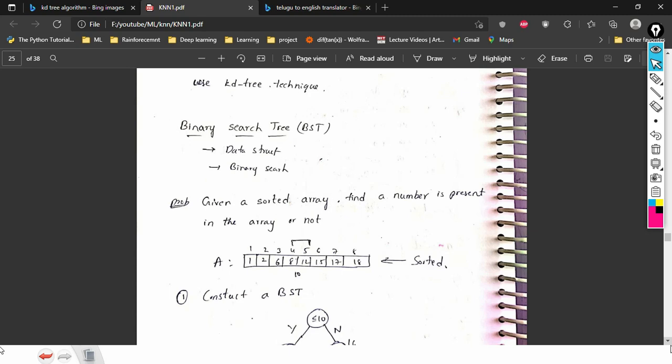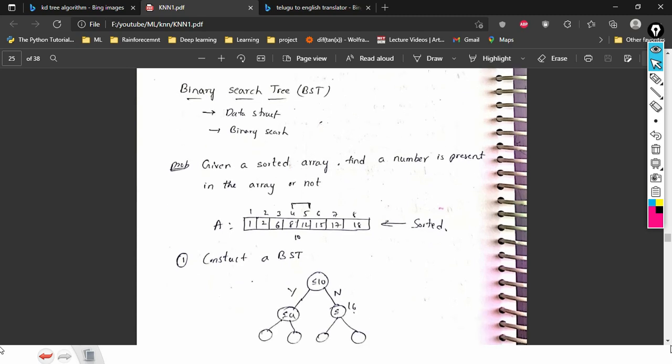In the KD tree, the technique we are using is the binary search tree technique. In binary search, if we are given a list of points, we sort those values, and according to that we split for finding.